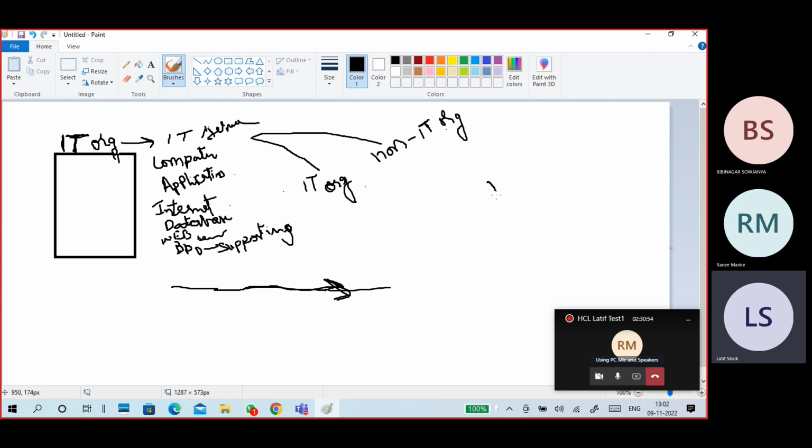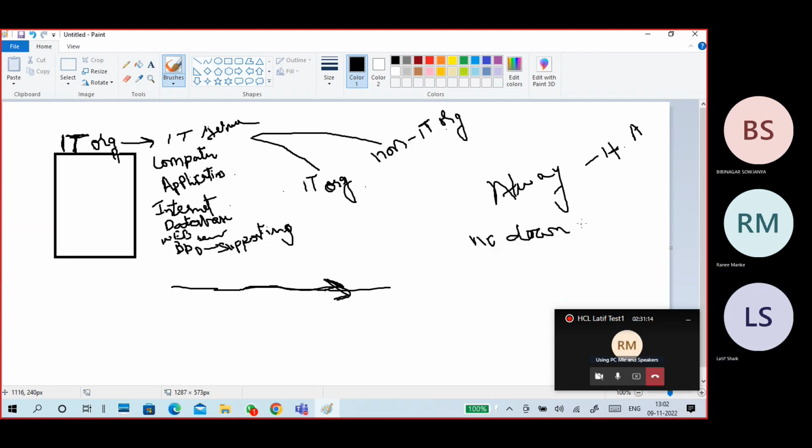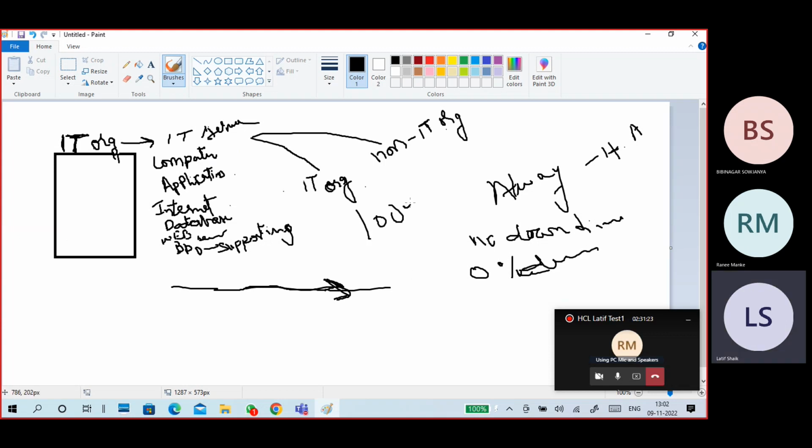These are the words: always available, highly available, always available services. Seamless services. There is no stopping, no downtime, 0% downtime, 100% uptime.